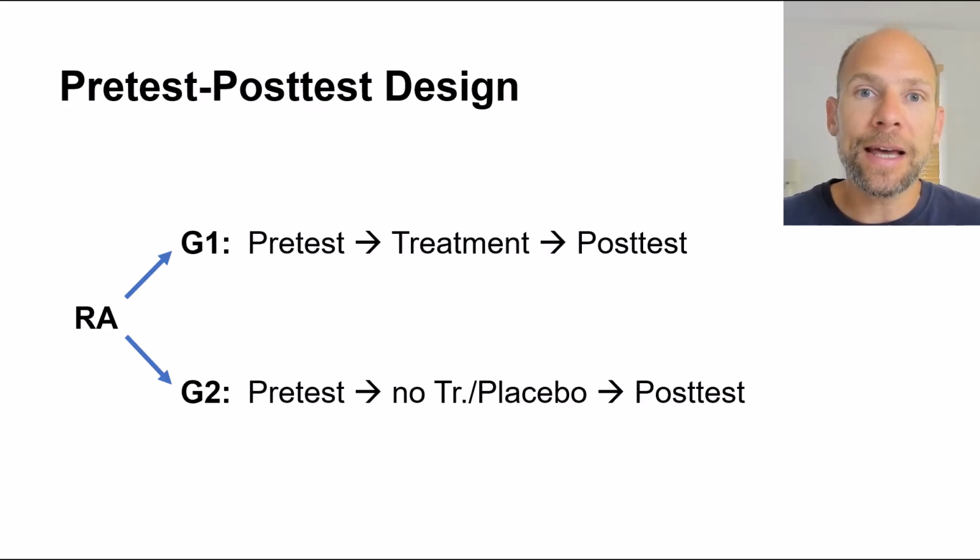So you can see that this design satisfies the condition of temporal precedence, because it's a longitudinal design where we have a treatment phase or placebo phase, and then we measure at the end. So later we measure the outcome variable after administering X, the treatment.